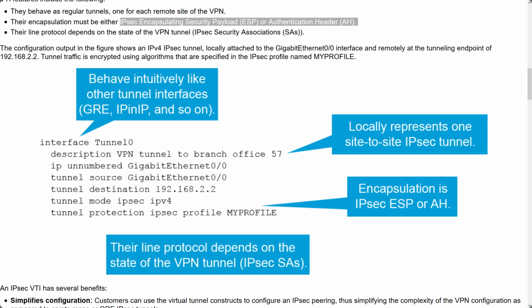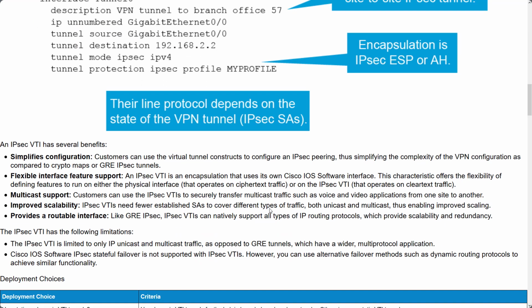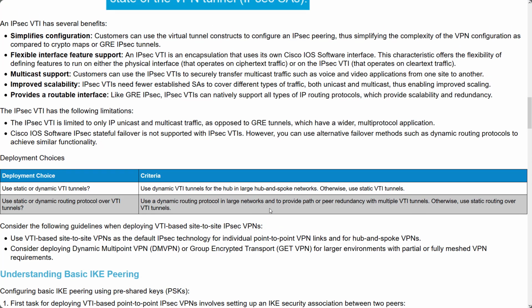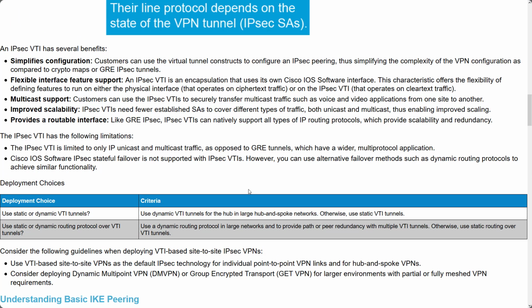I'm sure that what we're going to be doing in our discovery is a static tunnel with IPsec, which is a relatively straightforward configuration. All right. What are some of the benefits? It simplifies our configurations. We can use these virtual tunnels to configure our IPsec policies, simplifies the VPN configuration, lots of interface support.